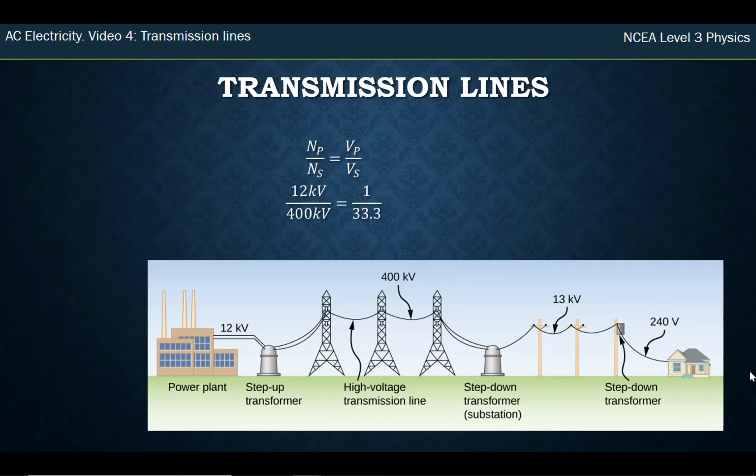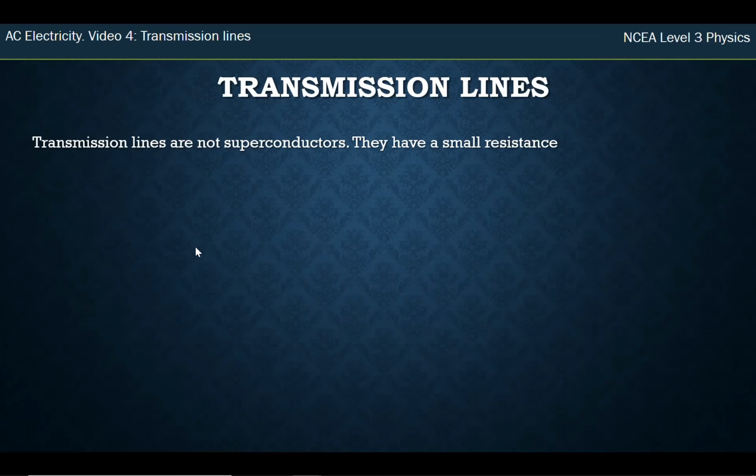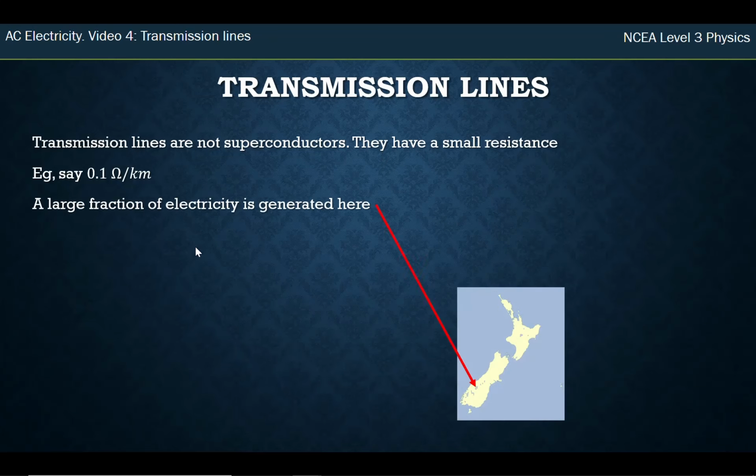What's important about that? The reason is that transmission lines are not superconductors. They're not absolutely perfect. They have small resistance, and that resistance on paper looks very small, say 0.1 ohms per kilometre. The issue is, for example in New Zealand, a huge fraction of electricity is generated in the lower South Island, at some mountain lakes, Lake Pukaki and Tekapo.